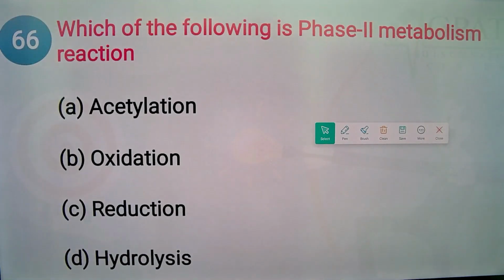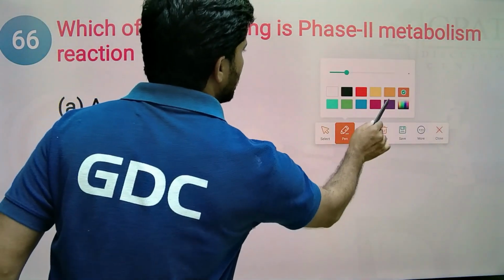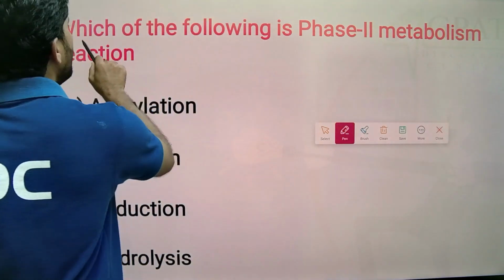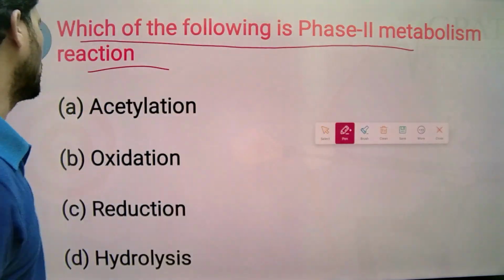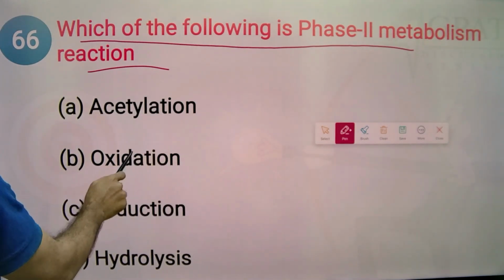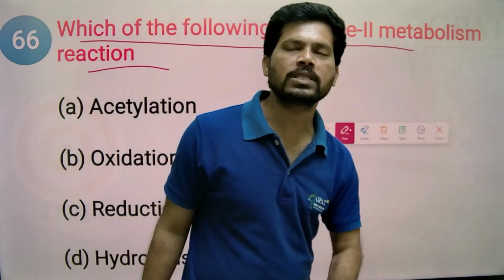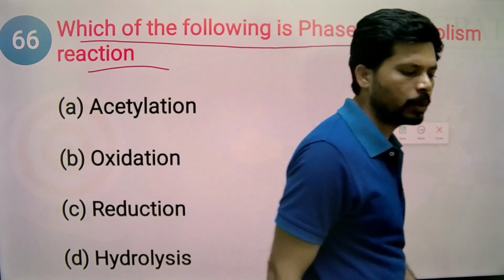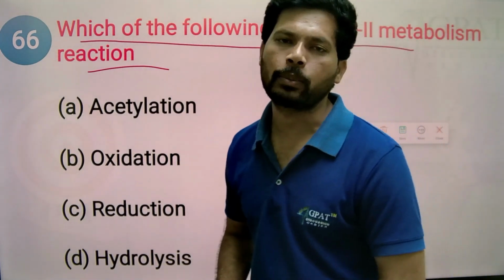Next MCQ with explanation. Which of the following is a phase 2 metabolism reaction? Acetylation, oxidation, reduction, hydrolysis. Metabolism takes place in the liver, the drug metabolism, food metabolism, whatever it may be. Regarding pharmacology, we will talk about drug metabolism.